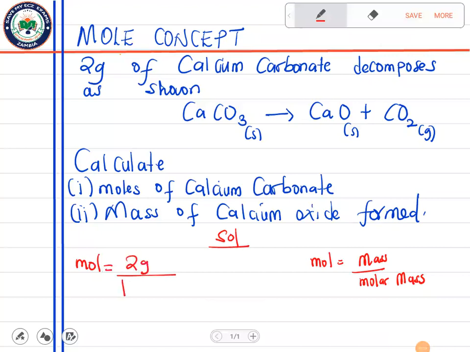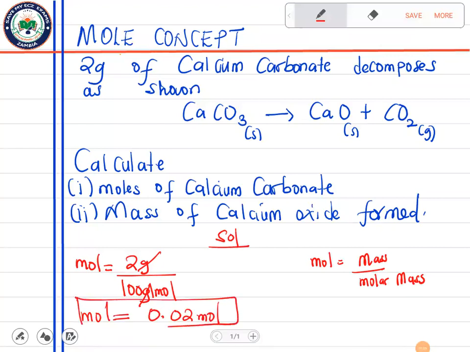The molar mass was 100 grams per mole. So this gram and that gram will go. Let's divide 2 by 100, which gives us 0.02 moles. So these are the number of moles of calcium carbonate. Is it clear? Then we can look at question 2.